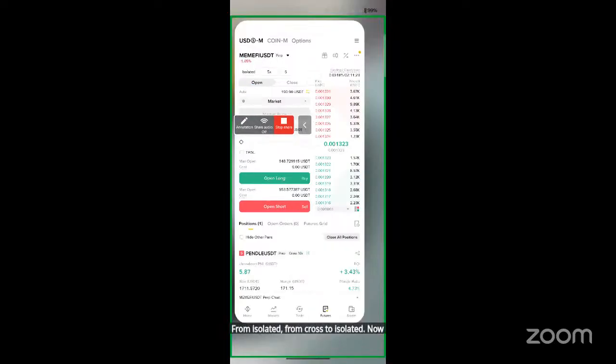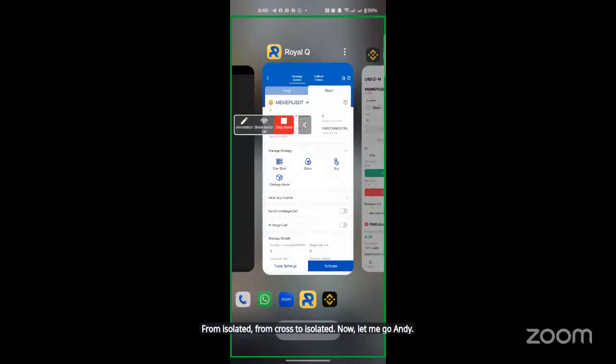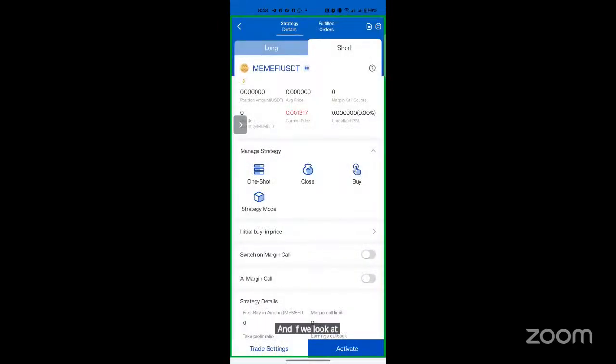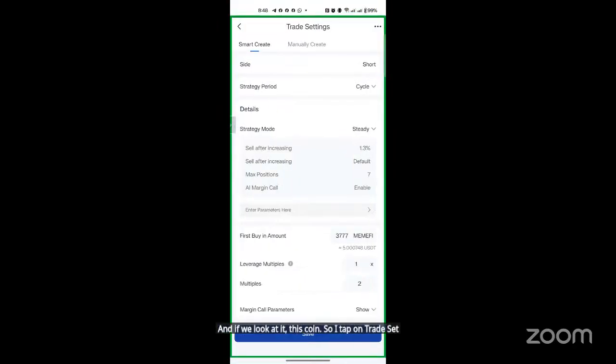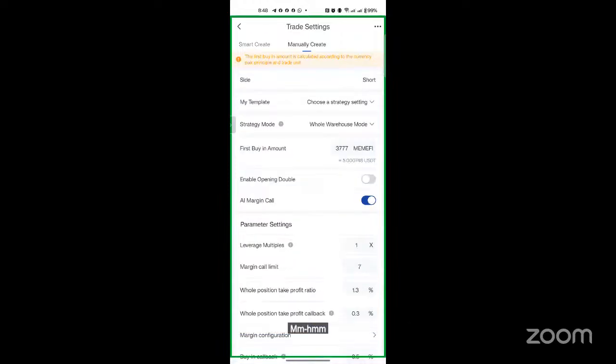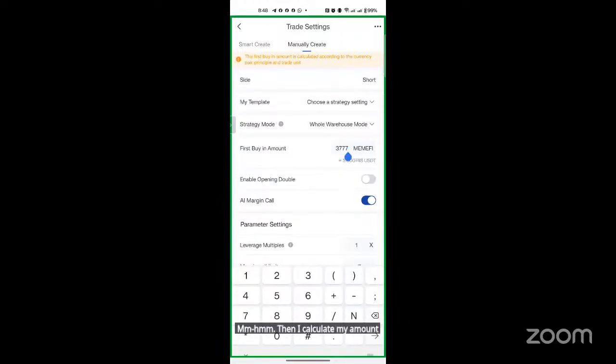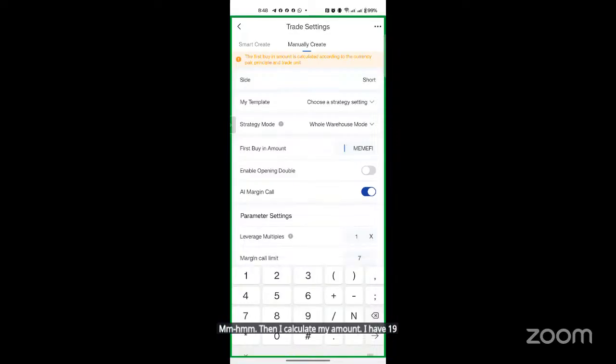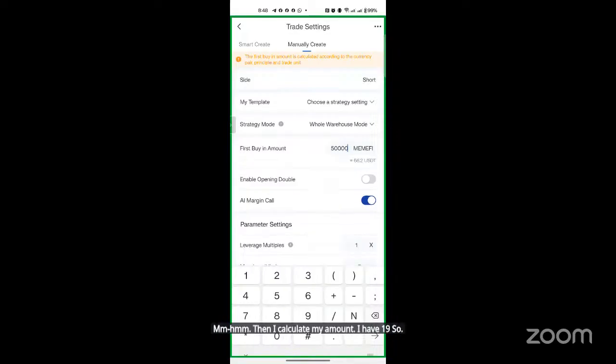Now, let me go and calculate this coin. So I tap on trade setting. Then I calculate my amount. I have 191. So I think $66 is good.